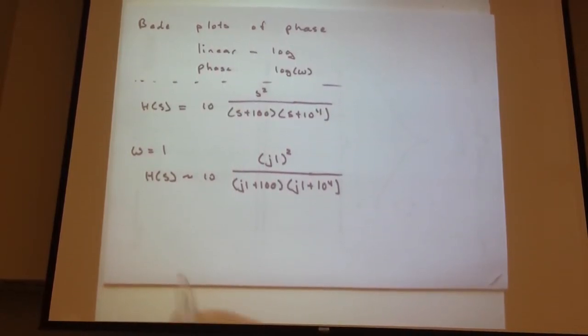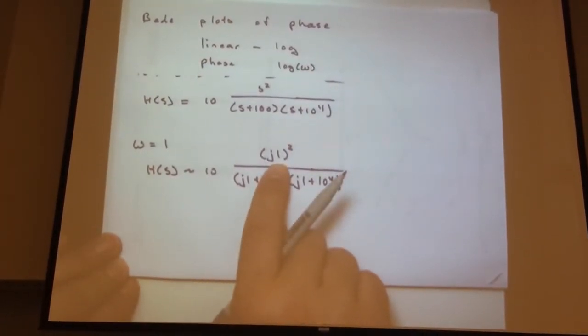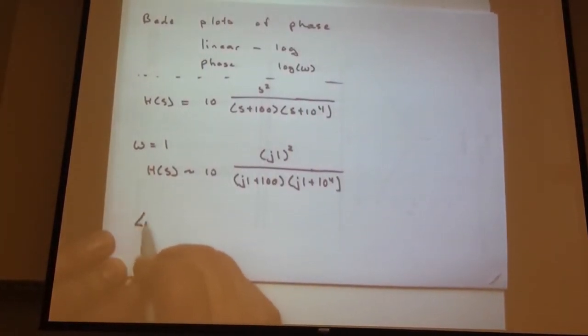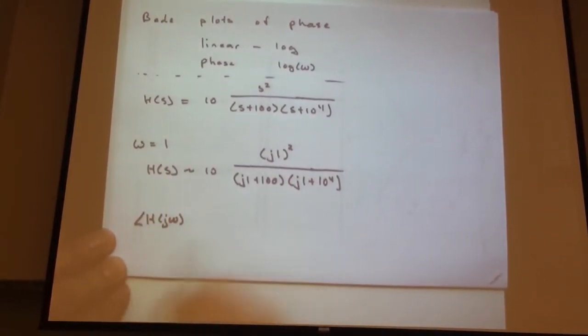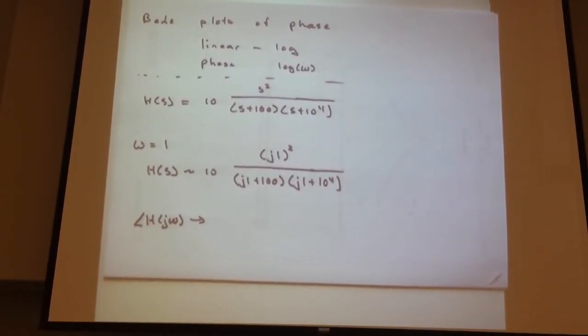Well, if we consider this an angle situation, what's the angle of this? So if we look at the angle of H of j omega, and only the angle terms, what's the angle of 10? And that matters. What is the angle of 10? 0.